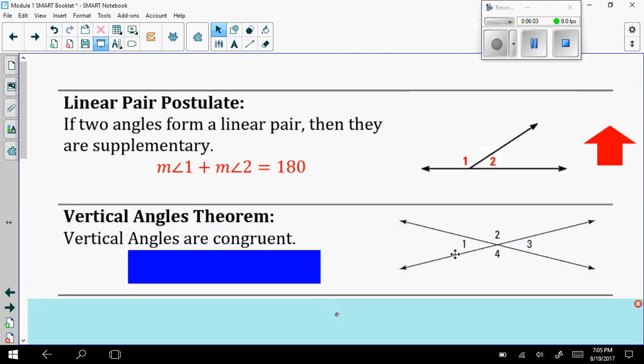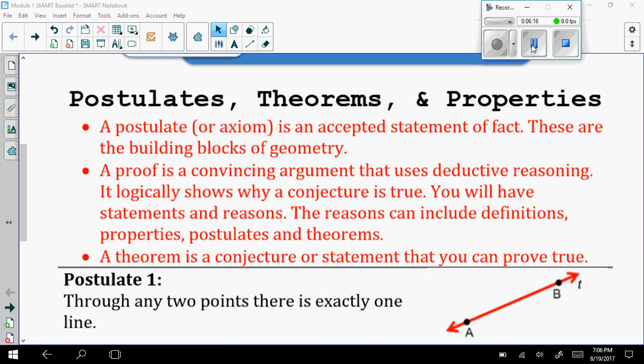Finally, we're talking about our first theorem. We're going to prove this later. So a postulate we accept as true. A theorem we prove. So let's go back to page 1, and we have two definitions here. So a proof, first of all, is a convincing argument that uses deductive reasoning. It logically shows why a conjecture is true. You will have statements and reasons.